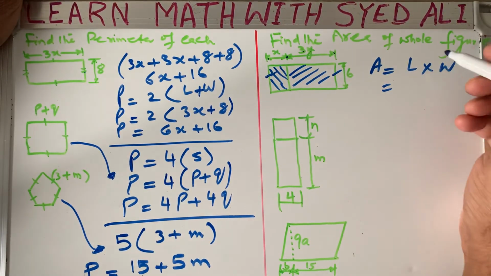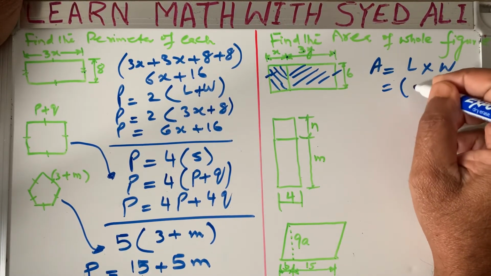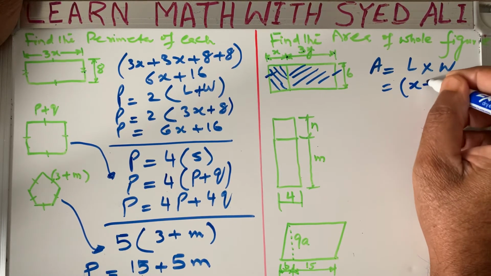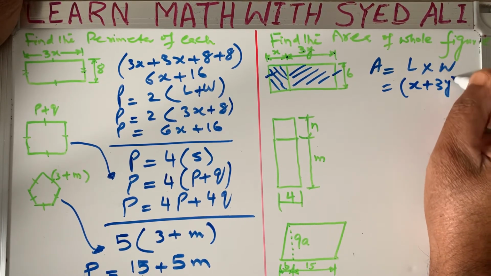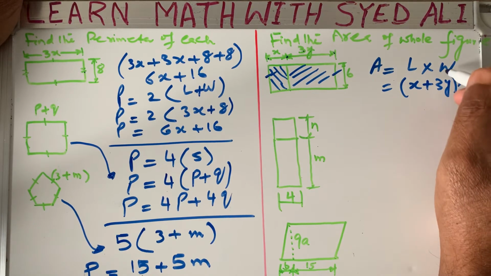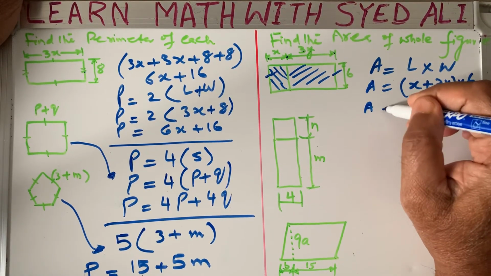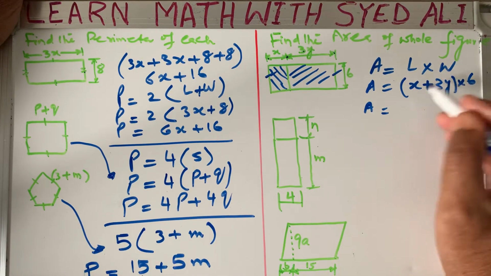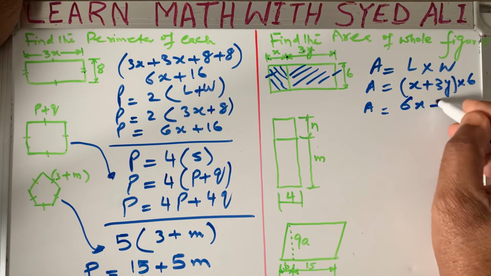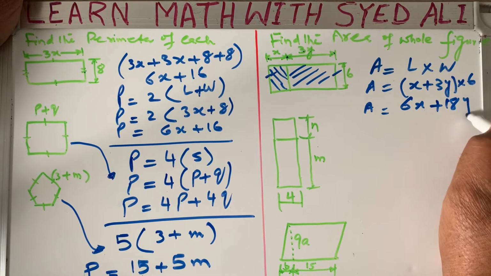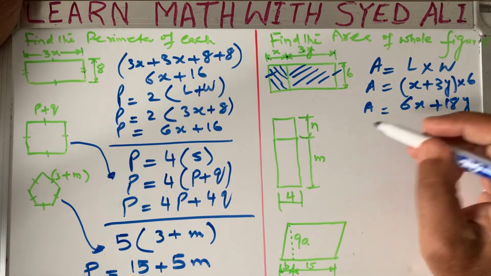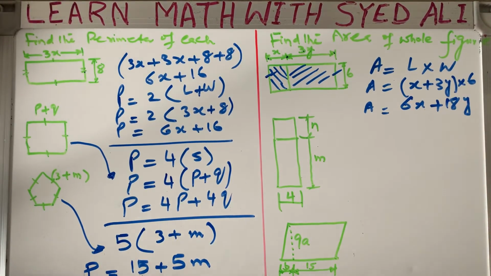How do we write it? The whole thing is written in parentheses, x plus 3y, times the width. What is the width? 6. So my area solution will be 6x plus 18y. If we know x and y, we can find the area. It's just a general algebraic expression for the area of the whole figure.